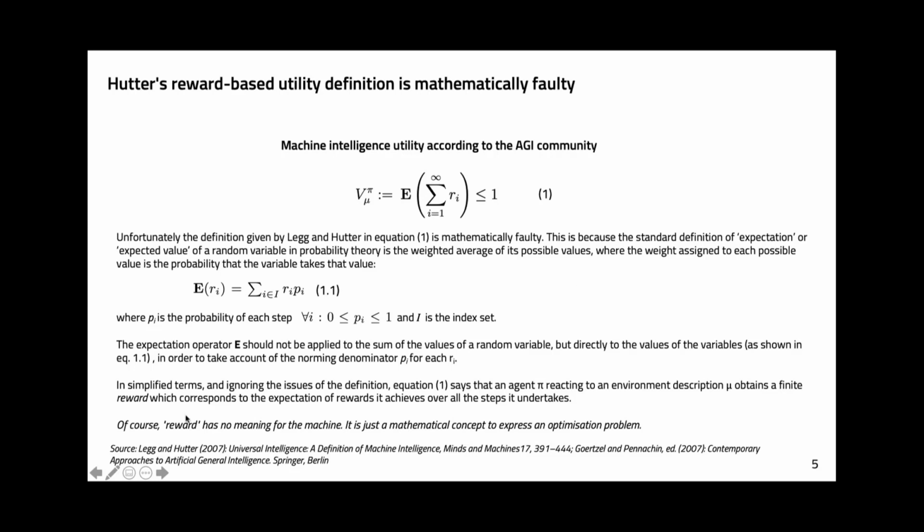And so Barry asked me to insert something about reward. Of course, the reward here has no meaning for the machine. The machine is just a calculating machine. It's a Turing machine. It can just, you know, how can I say this, apply amounts of electricity to certain circuits. So reward has no meaning for the machine. That's just a mathematical concept to express an optimization problem.